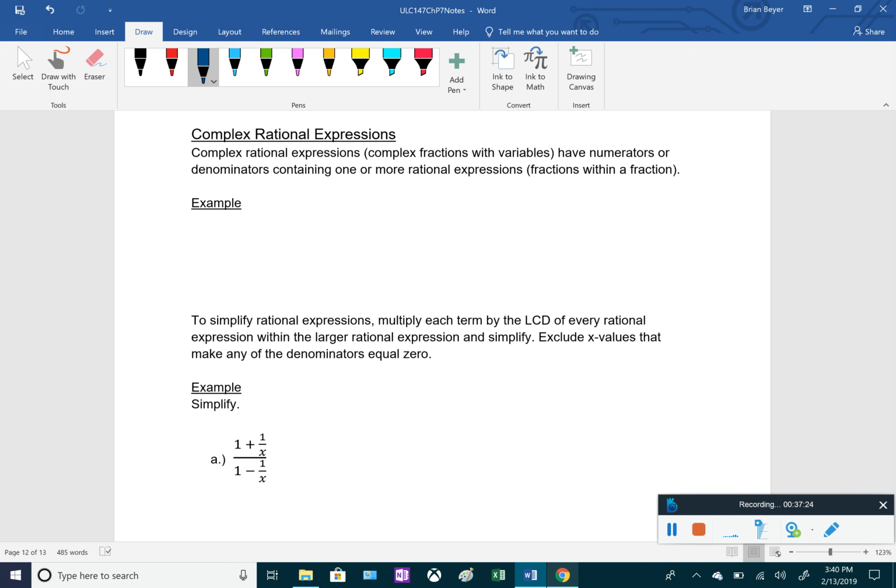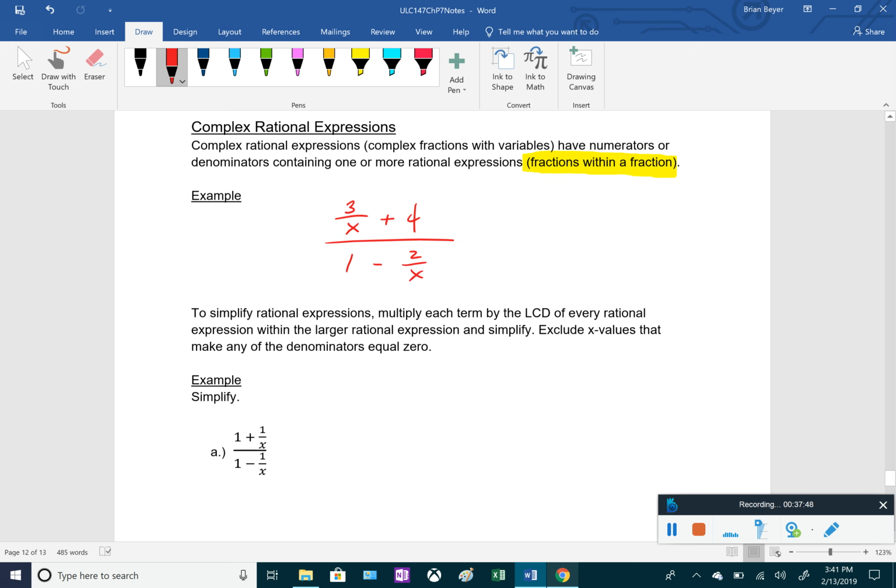So pretty much it's like a fraction within a fraction. For example, that could be something like 3 over x plus 4, all divided by 1 minus 2 over x. So you can see here how we have a big fraction and then a couple smaller fractions inside of it. We're going to be simplifying these.